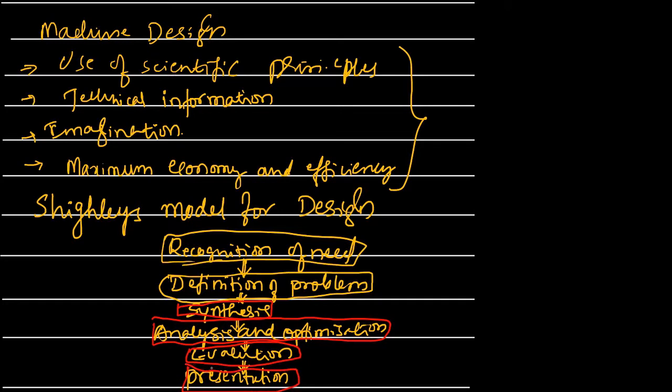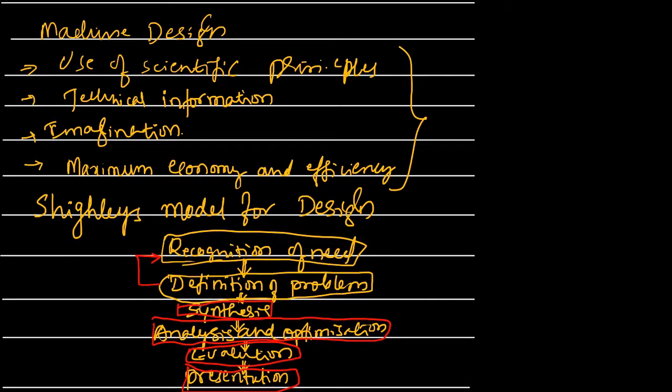Suppose the defined problem is not satisfied or does not match, again you need to go back and check the recognition of need. Have you missed any requirement or any approaches in the need? Based on the recognition, you can redefine the definition of problem.